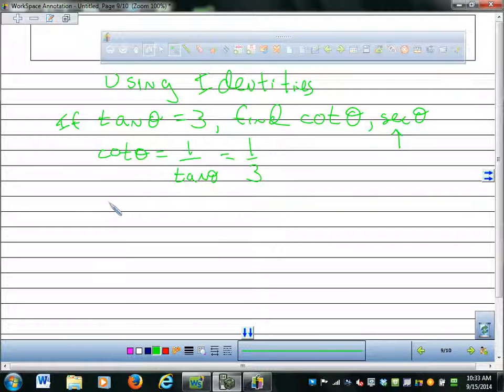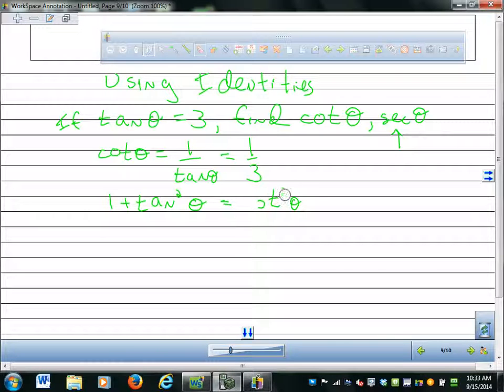So you know that 1 plus tangent squared theta is equal to cotangent squared theta, right? No. I mean equal to, sorry. Is equal to secant squared theta. Sorry. That's what I meant to say. Okay? And then you just plug in numbers.